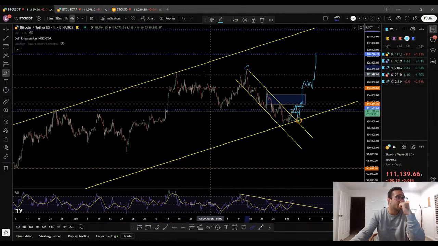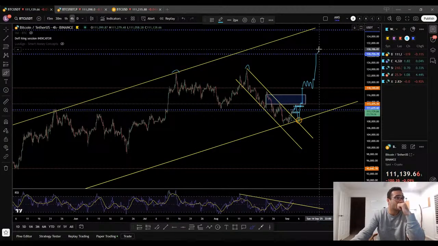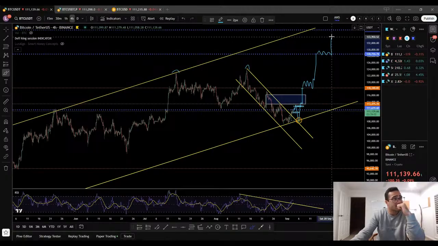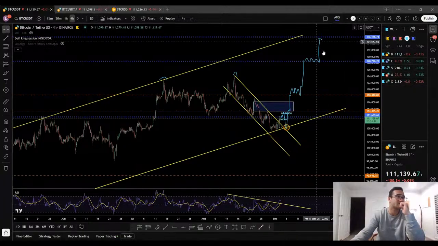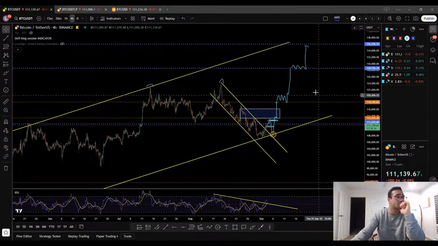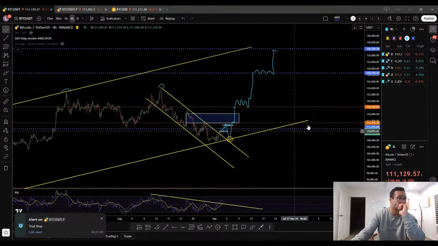Then we could potentially see another bull flag like this, and then pump to the all-time highs, which is 136, where I've got another AMS line predicted. So like that there, it looks pretty like BTC trail stop.